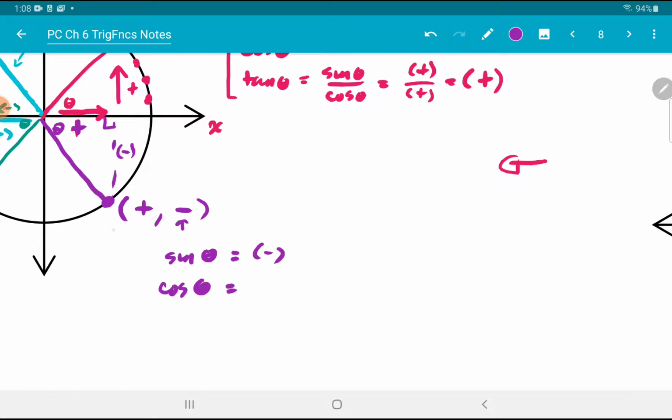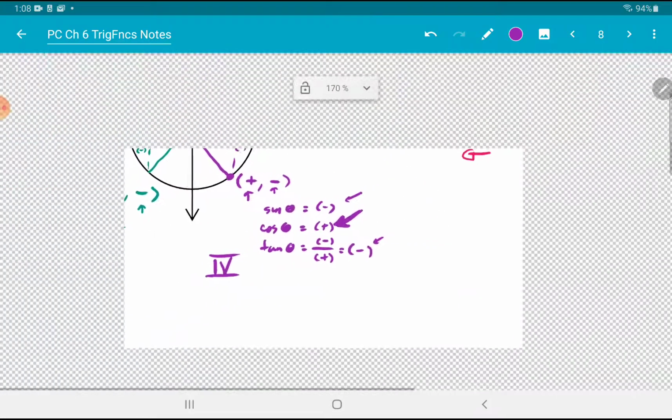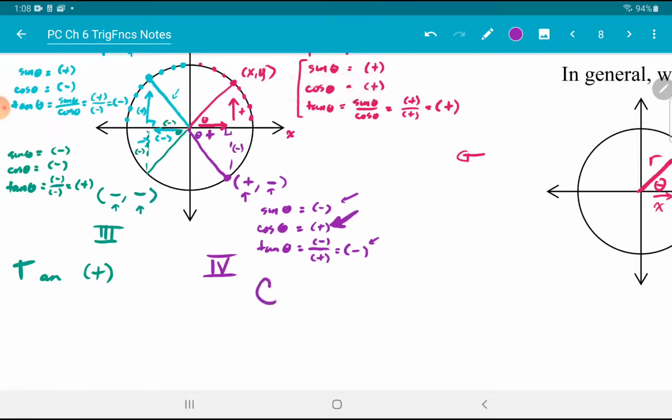Cosine will be positive. And tangent of theta, which is sine over cosine, will give us a final value that is negative. So you'll see that in quadrant 4, the only value that is positive is the cosine. Okay, so in quadrant 4, only cosine is positive.